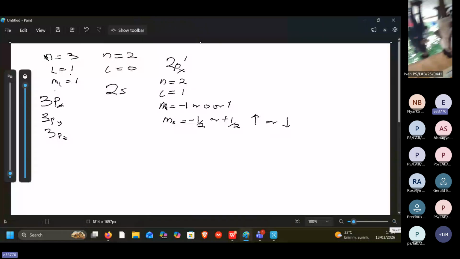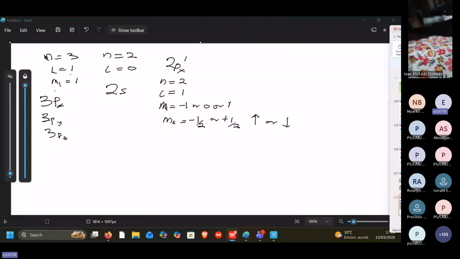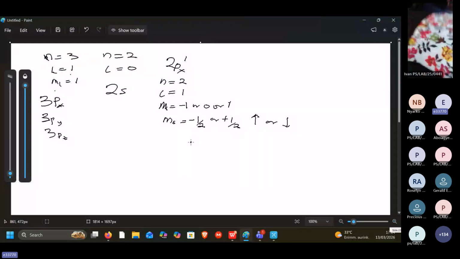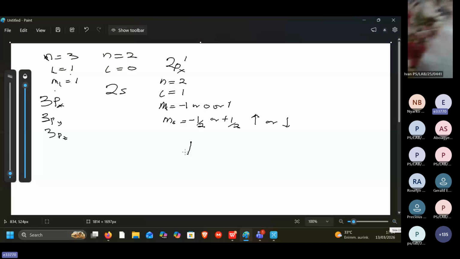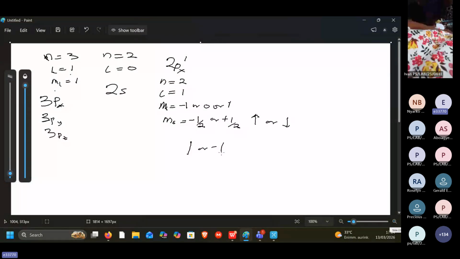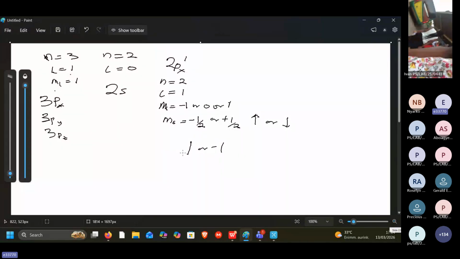Are we okay? So the number of electrons, which we know that the highest an orbital can take, is just 2 electrons. So it's either going to be all of them pointing up, which is 1, or all of them pointing down, if 2 electrons, or one is pointing up, one is pointing down.